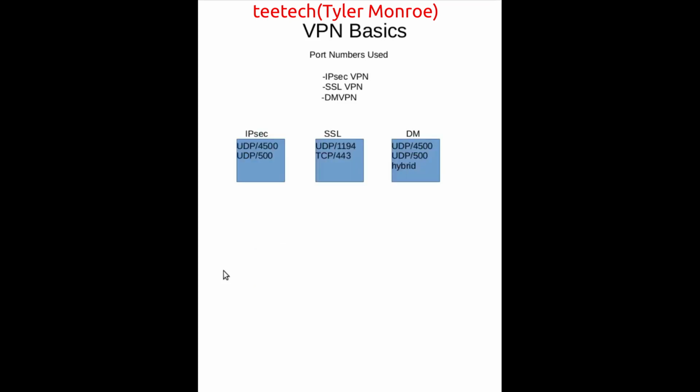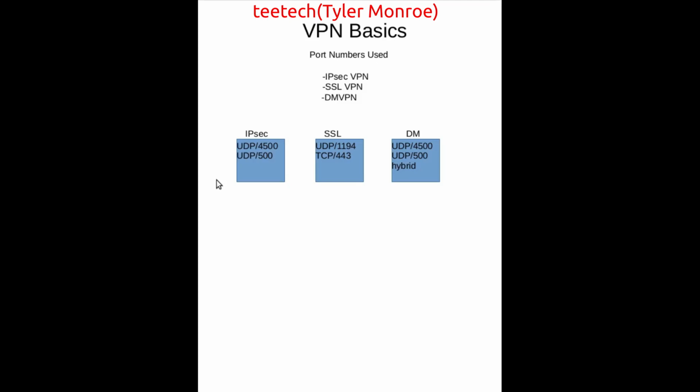Now, the main thing that we need to understand with this is the port numbers they use. It's very important to understand these because when you get into firewalling and stuff like that, or if you're looking at Wireshark or getting curious, you'll want to know these things. So again, with those three types of VPN connections, the IPsec type uses UDP.